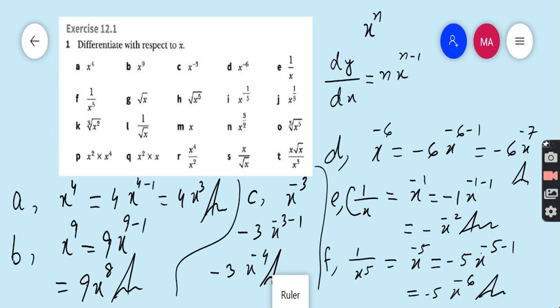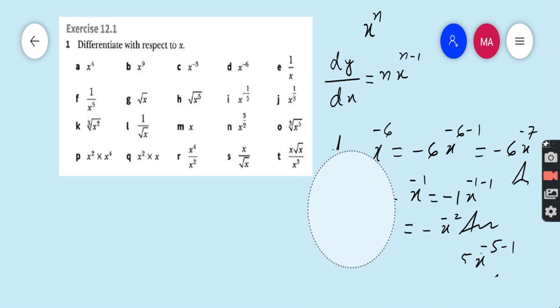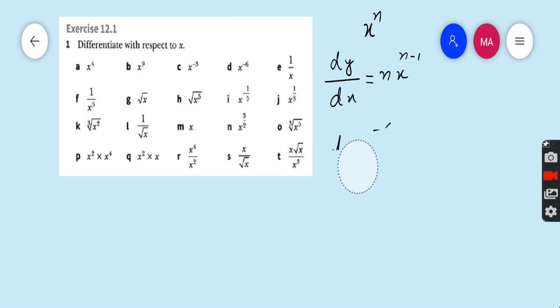Move to part G. Part G is square root of x. What is the derivative?